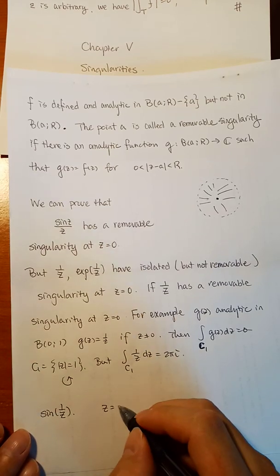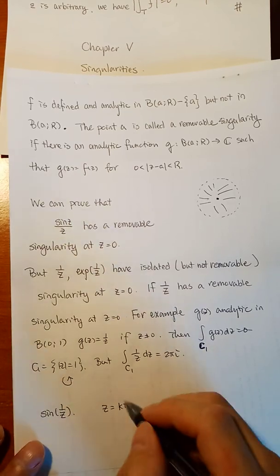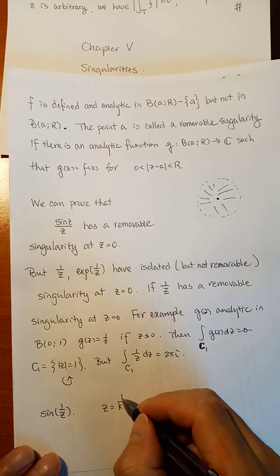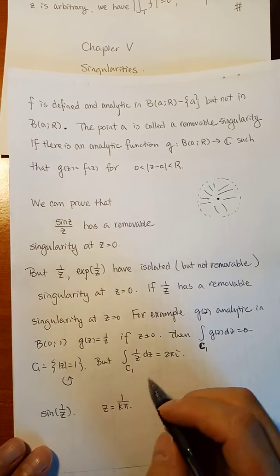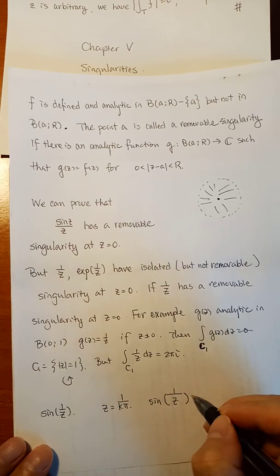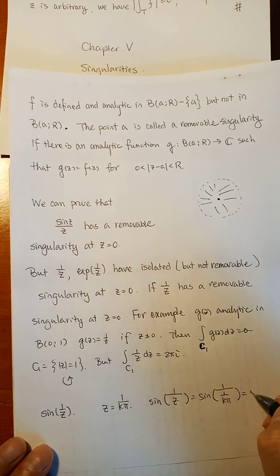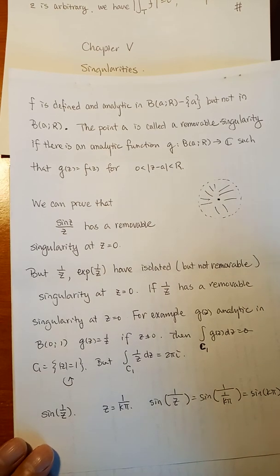When z is 1 over k pi, then sine 1 over z is sine k pi, which is 0.